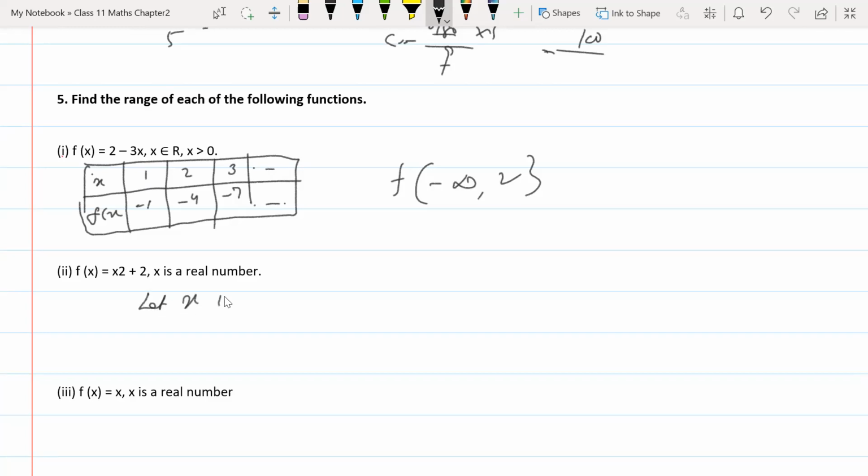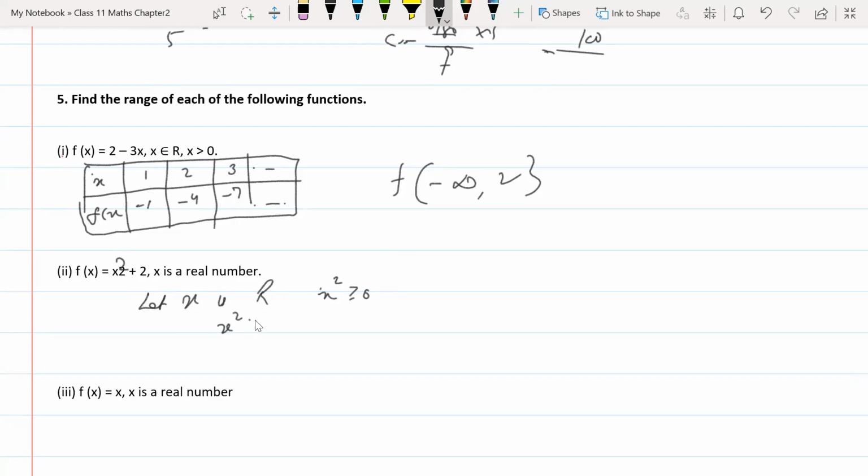Let x be a real number, and the function is x square plus 2. Then x square is greater than or equal to 0.